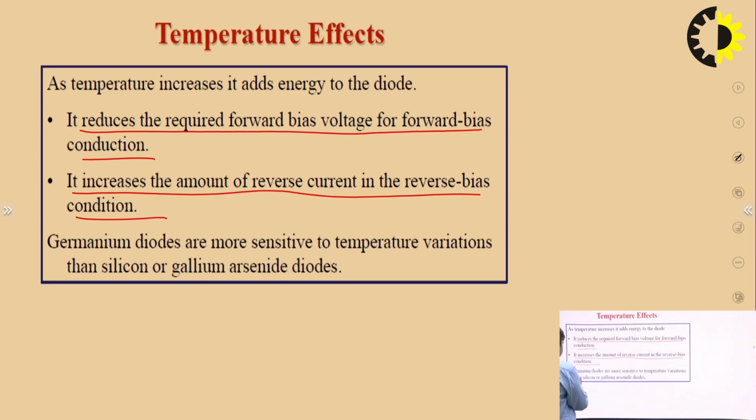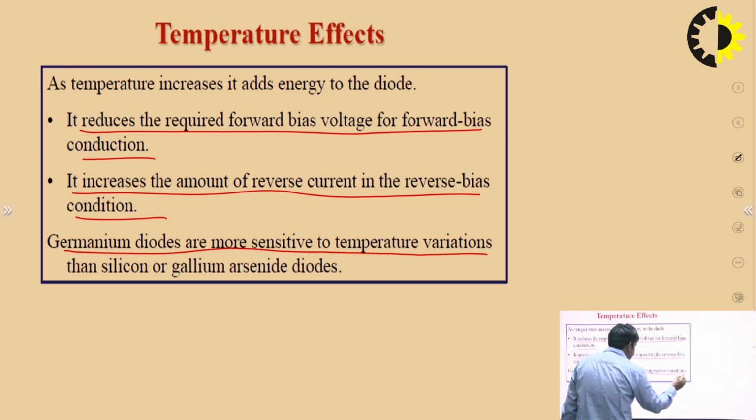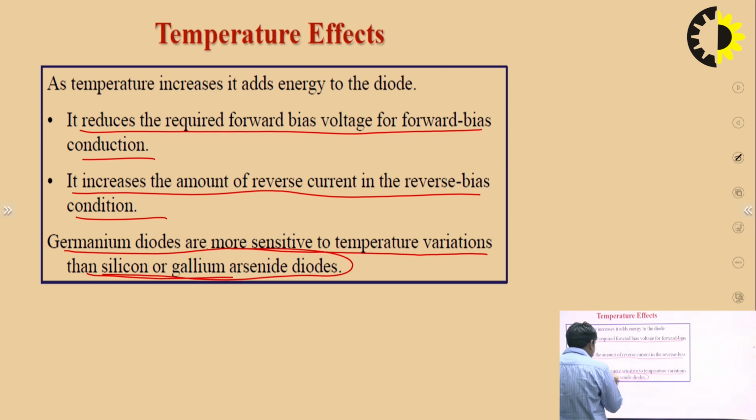In this case, germanium diodes are more sensitive to temperature variation than silicon. So if we design a sensor using diodes, we use the germanium diode because it is more sensitive than silicon. But if we design any voltage circuit or control voltage circuit, it has to be unaffected by temperature, so we use the silicon diode because it is less dependent on temperature variation.